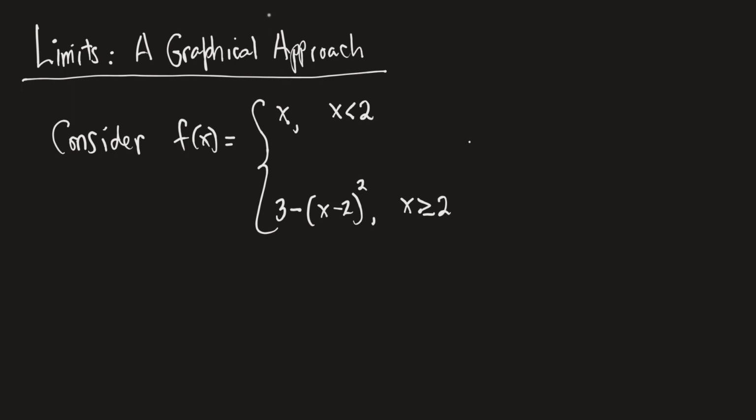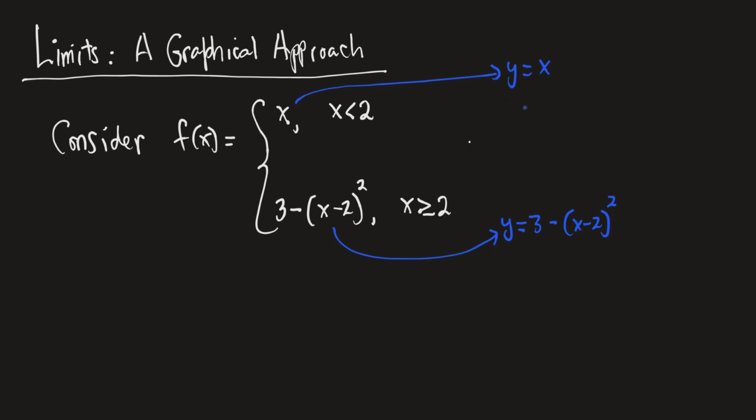The first piece is simply y equals x. And then this piece is simply the quadratic y equals 3 minus the quantity x minus 2 squared, right?